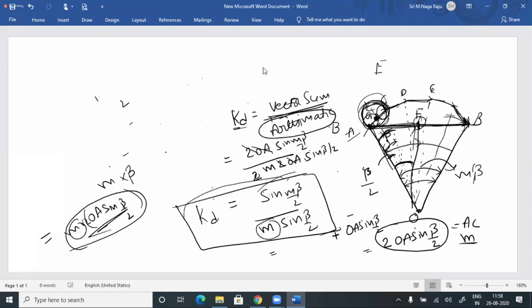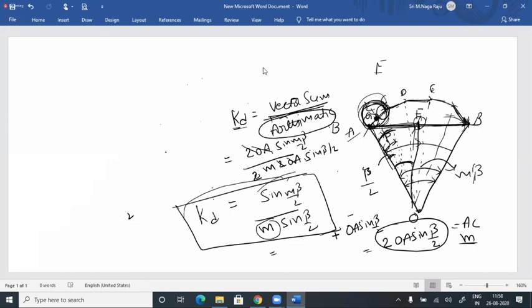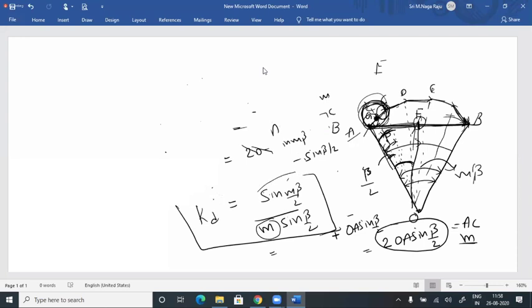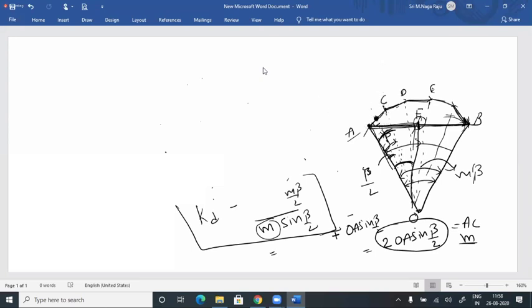Each coil of winding is chorded by one slot pitch. Then what is the winding factor?